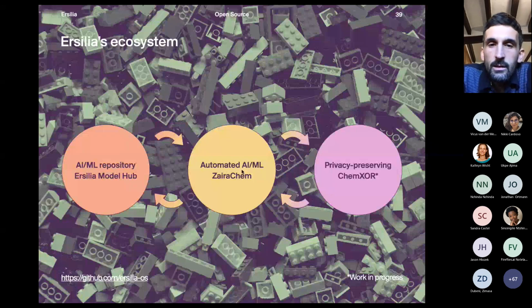Here in the middle, you can see something called Zyracam, which is an automated machine learning tool that we have developed, and I'm proud to say that we have developed this mostly in the context of H3D, as you will see now.